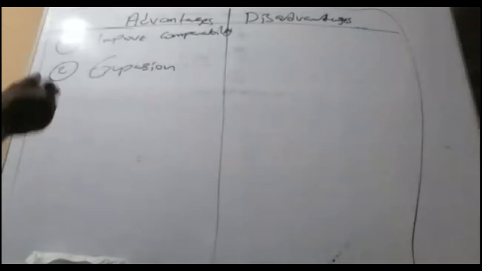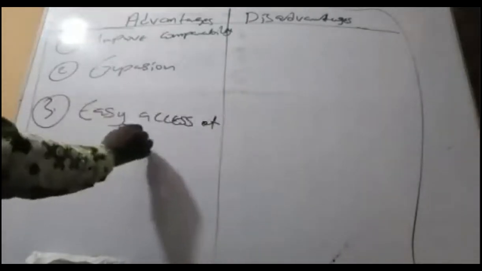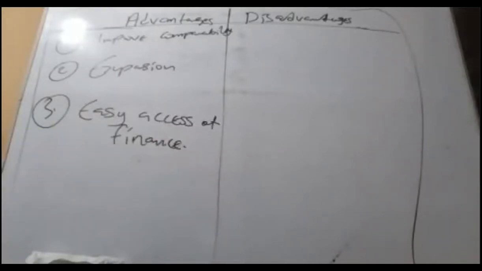Good. 3, easy access of finance. Easy access of what? Finance. It grants an opportunity. It gives some financial backing, can serve as collateral for finance.